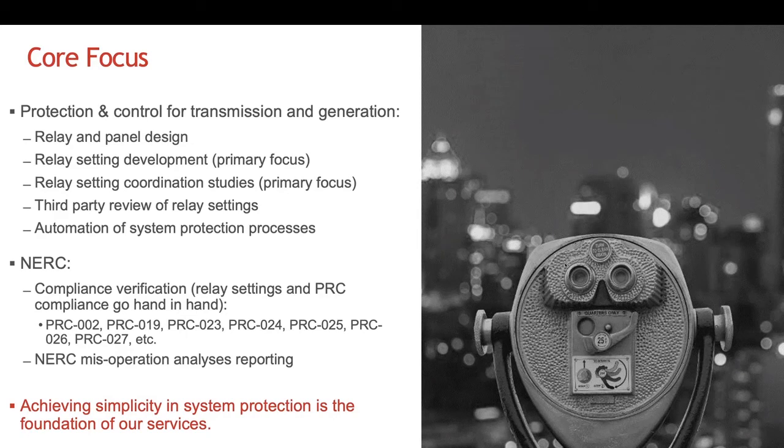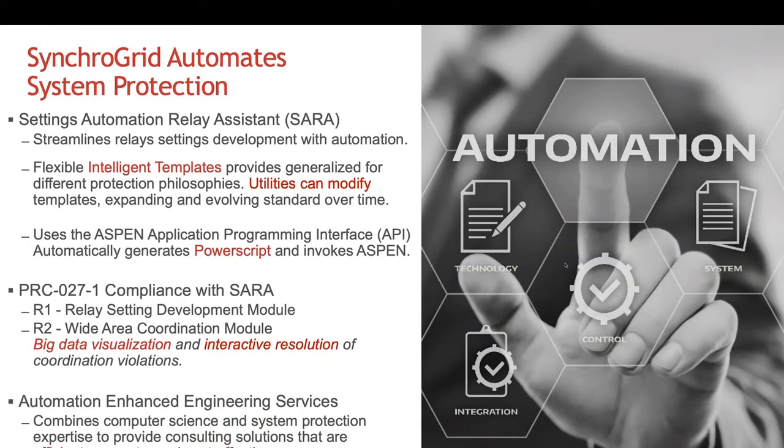And our overarching goal is achieving simplicity in system protection, mainly because that's what interacts with ASPEN. The overarching goal is to streamline relay settings development by using automation. The key idea that we have is intelligent templates, which you'll see in the demo look a lot like a MathCAD worksheet that allows utilities to specify their protection standard or philosophy.